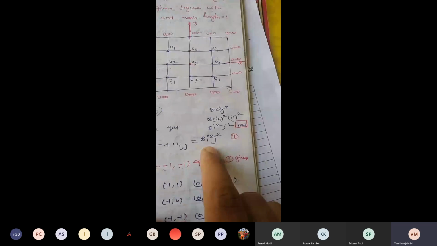By applying the h value in the given RHS, 8 (ih) whole square (jh) whole square, that is i square j square, and h is equal to 1. Therefore, we are getting the RHS as 8 i square j square, and the LHS as it was.